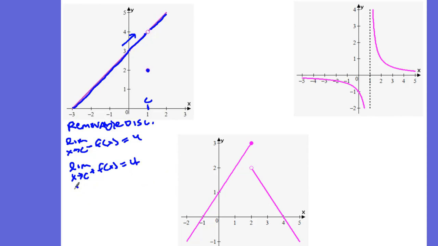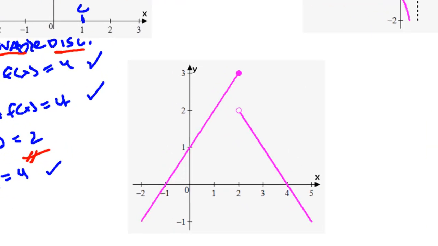But we know f of c is equal to 2, isn't it? So our limit exists. The limit as x approaches c is equal to 4, because it was 4 from the left and 4 from the right. But the point at 2 does not equal this 4, and that means it is what we call a removable discontinuity.